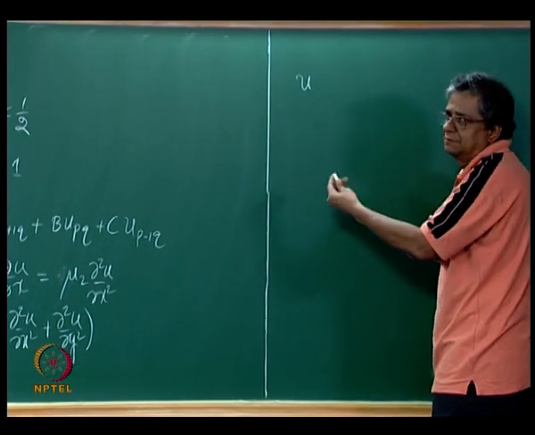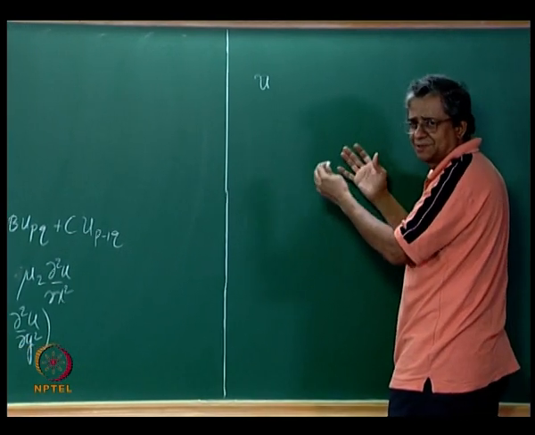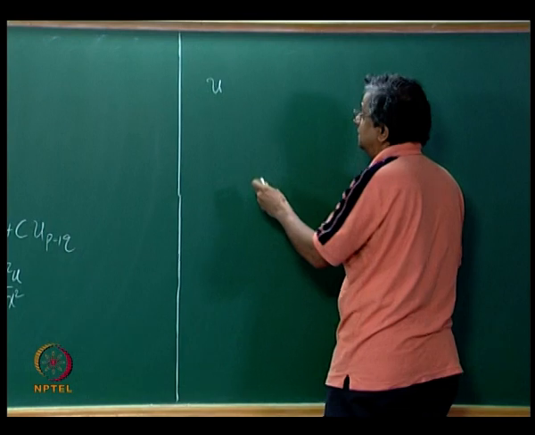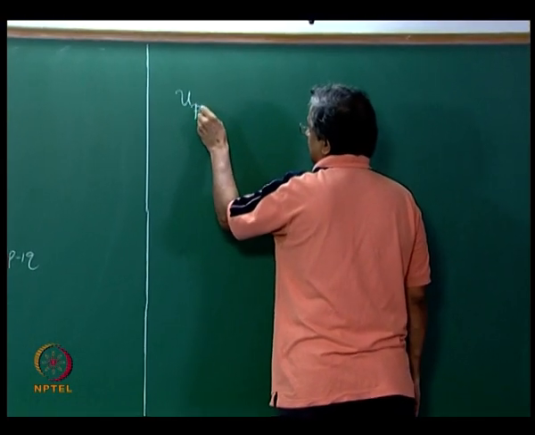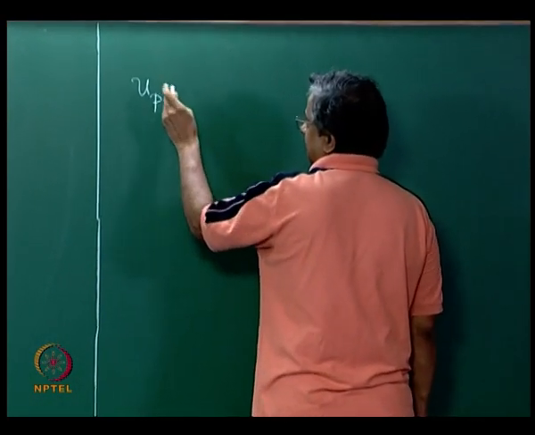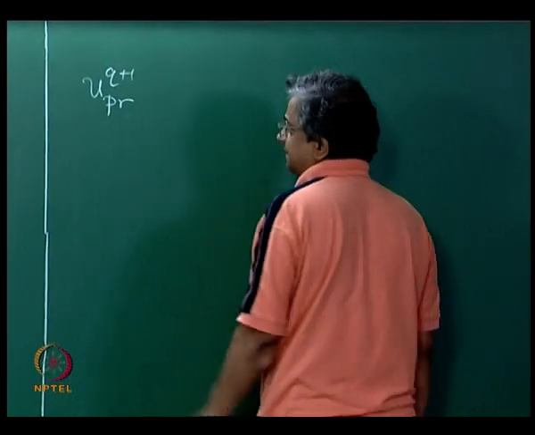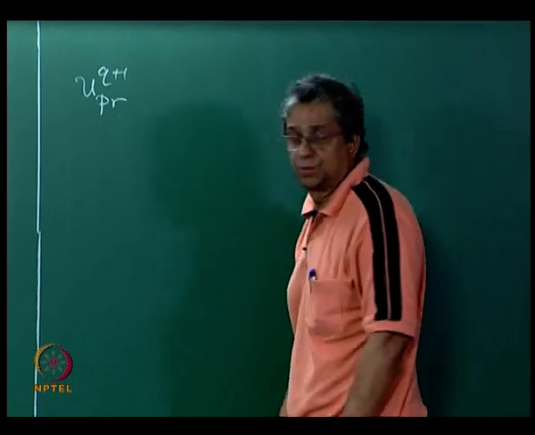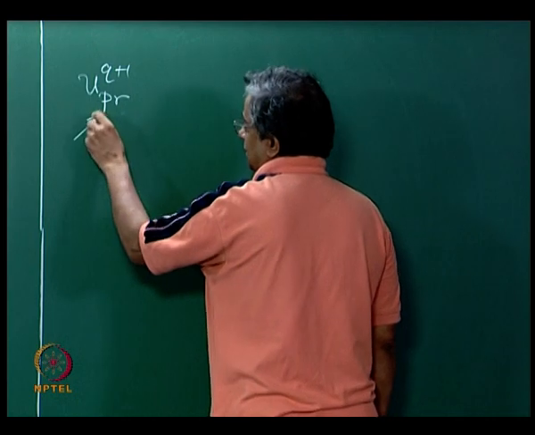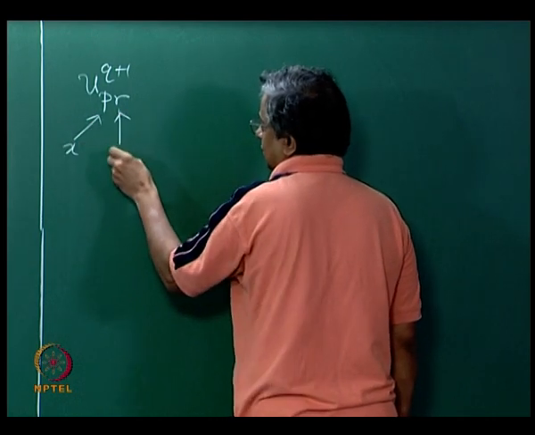Now I will use the superscript for time, because otherwise I will have too many subscripts in the denominator. I will use P and R for x and y, and that is q plus 1. Okay, q is in time, this is along x, that is along y.